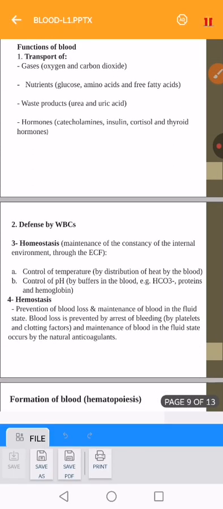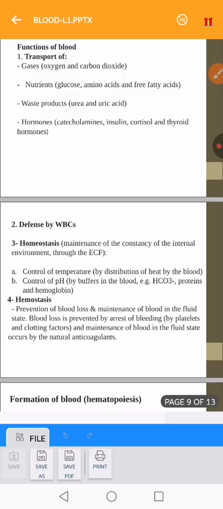The second function of the blood: defense against infection and any foreign antigen through the WBCs. Any infection or foreign antigen that enters our body through any part, through the mouth, through the nose, this is the function of the WBCs: defense against infection and foreign antigens.